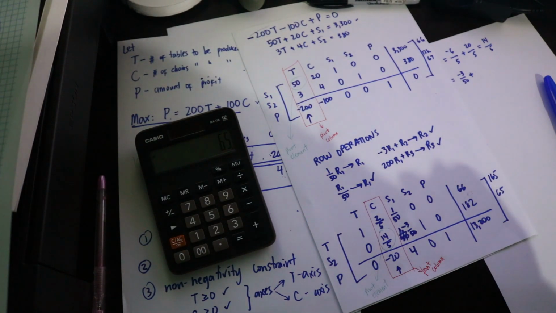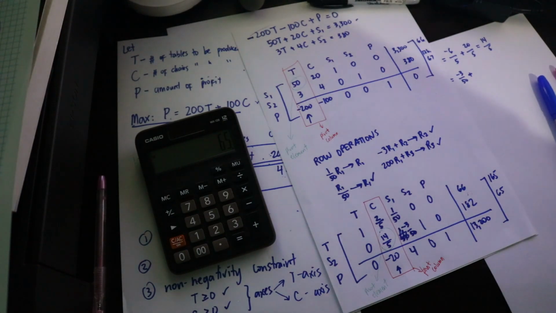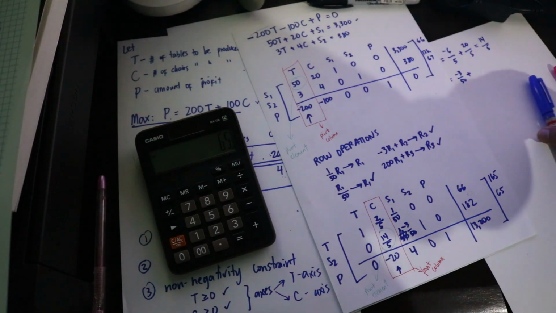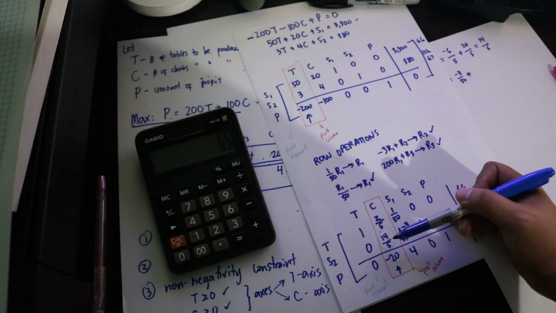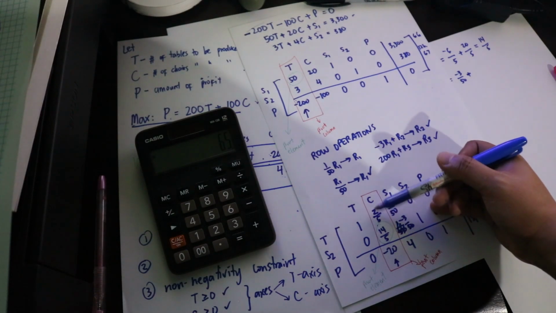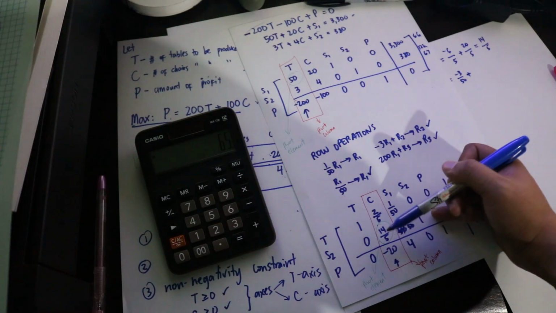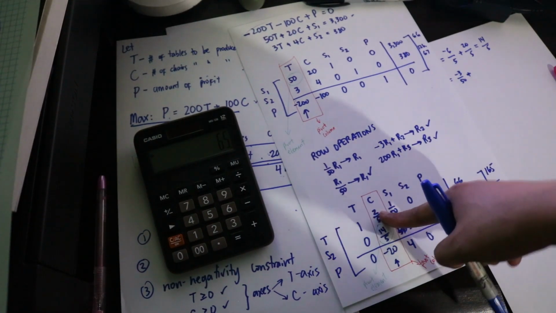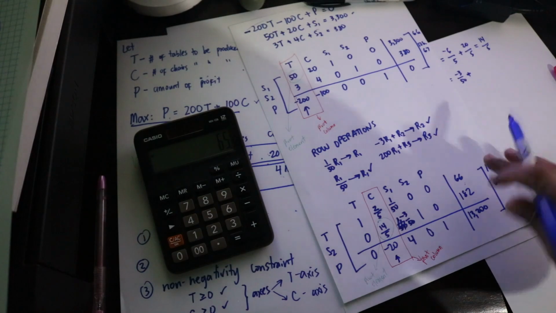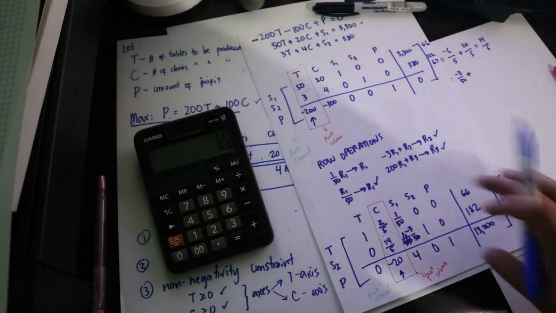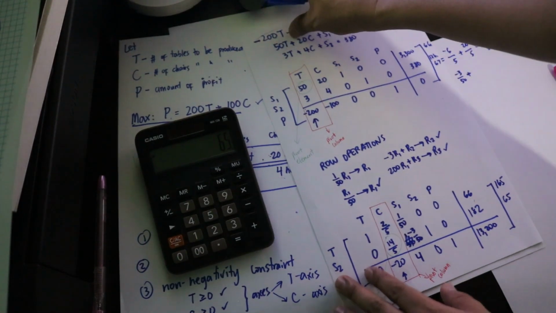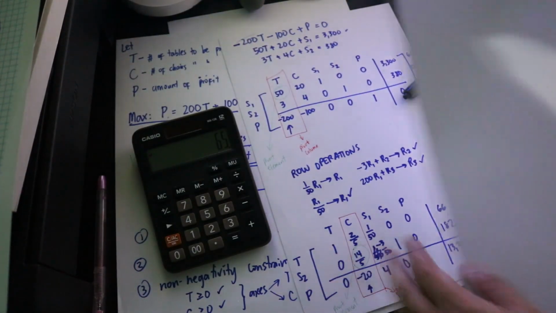And now we perform a new set of row operations, because our goal is to transform this pivot element into 1, and then all numbers above or below this pivot element must be transformed to 0, just like what we did in the first set of row operations. And we will be needing a new sheet of paper.